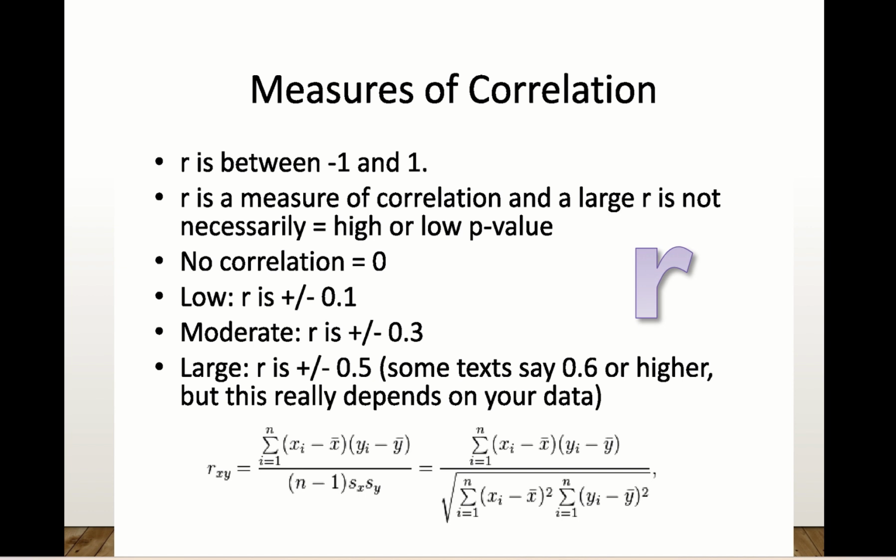So how do we quantify how strong our correlation is between two variables? Well, for this, we're going to be using the stat of R, the correlation coefficient, okay? So R varies between -1 and +1, okay? If you have no correlation between two variables, you're going to have an R, or correlation coefficient, equal to 0.